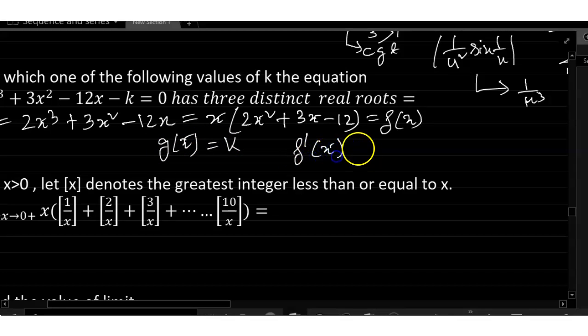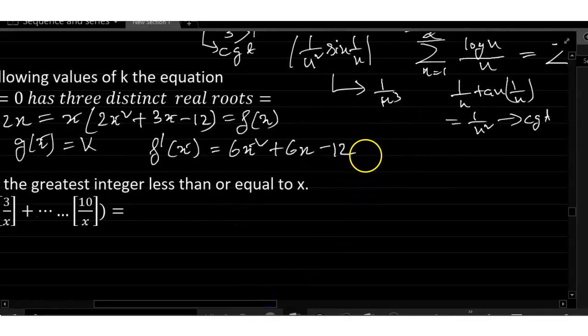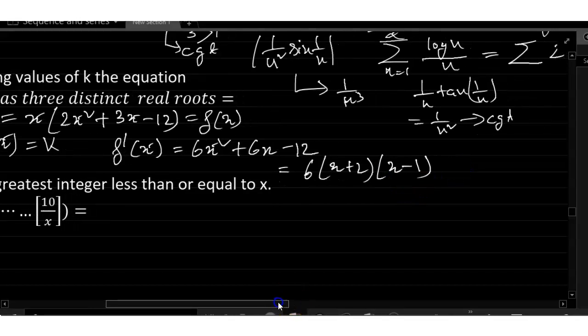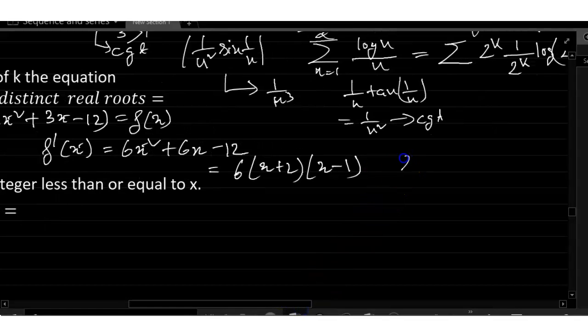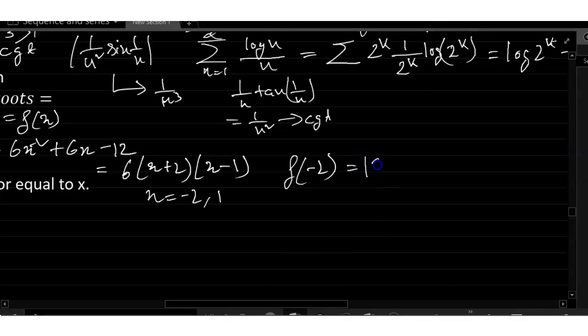So f dash x is equal to 6x squared plus 6x minus 12, which equals 6 into x plus 2 into x minus 1. Setting it to zero, x is equal to minus 2 and 1. f of minus 2 equals, putting this value, 18.